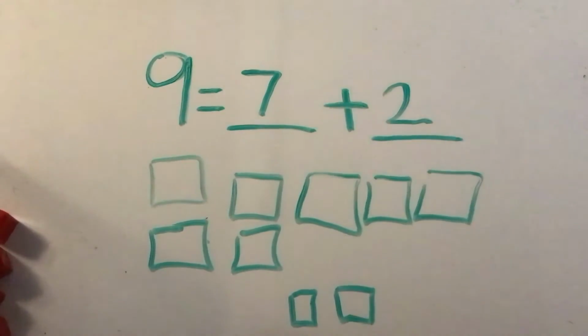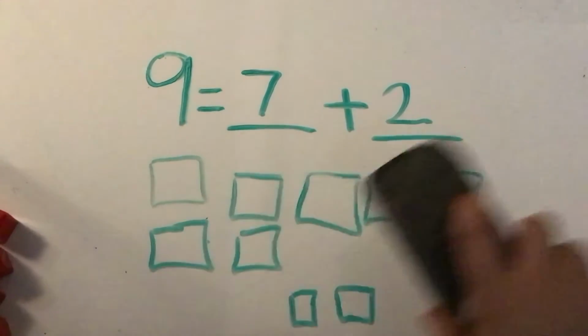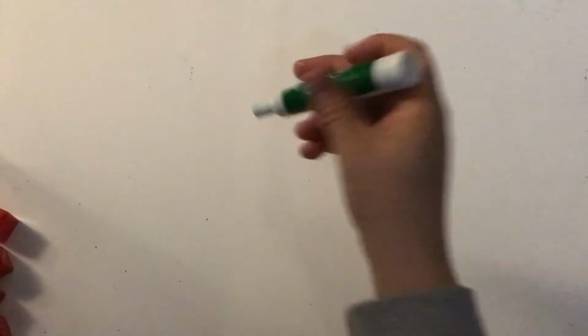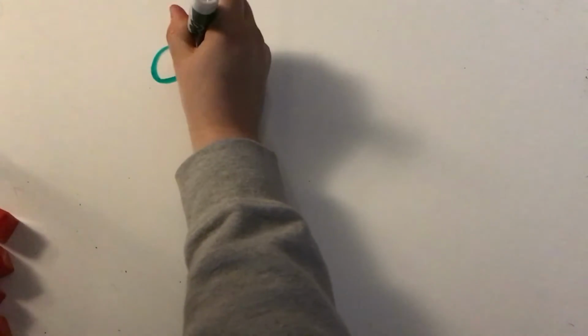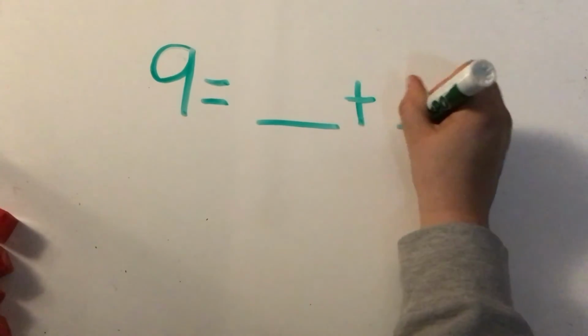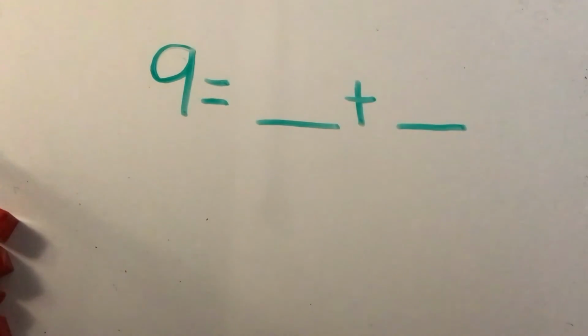Okay, I have a new story for you. So if you're following along, you can erase your boards. All right, this story is going to start with 9 cookies. Here we go. Susie had a plate of 9 cookies.